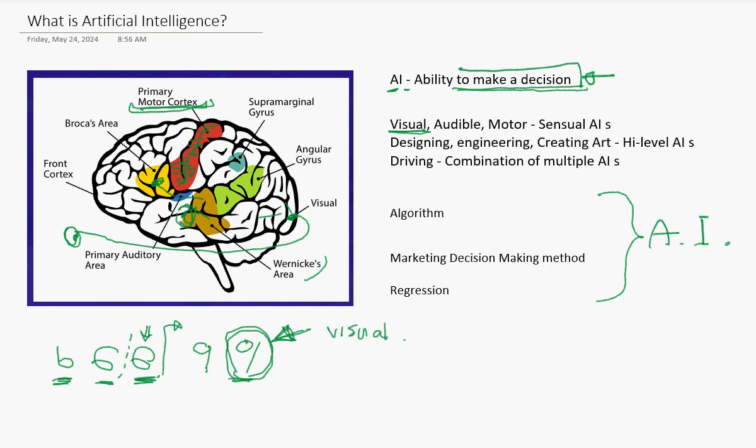Okay, audible AI. What is audible AI? When you speak, the ear hears the sounds and converts them into words. I love flower. And what this means, okay?